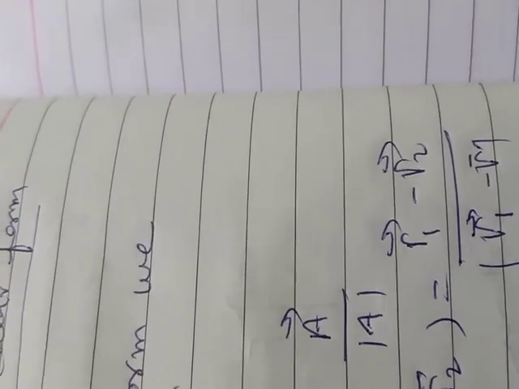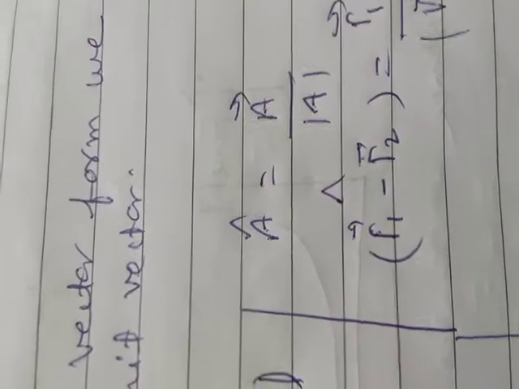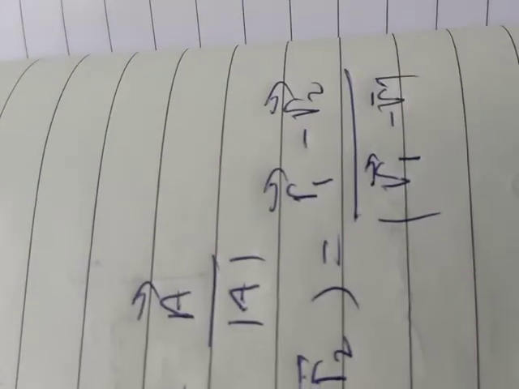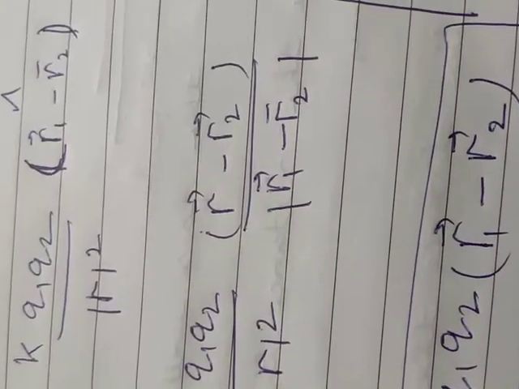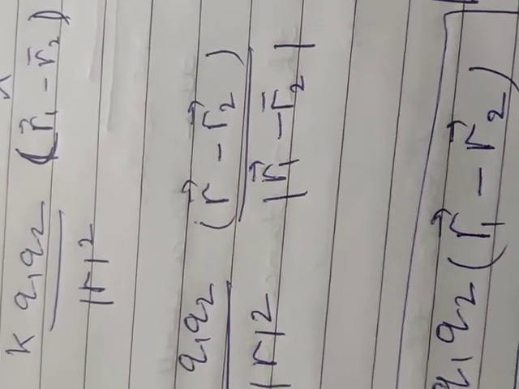Okay, now for r1 r2 cap we should use r1 minus r2 by modulus r1 minus r2. Then we write k q1 q2 by r square times r1 minus r2 by modulus r1 minus r2. Next, look here. We know that r is the modulus, and the modulus of r2 minus r1 or r1 minus r2 are both the same. So for this we write modulus r. In the place of r we can write r1 minus r2, then r square is modulus r1 minus r2 square.